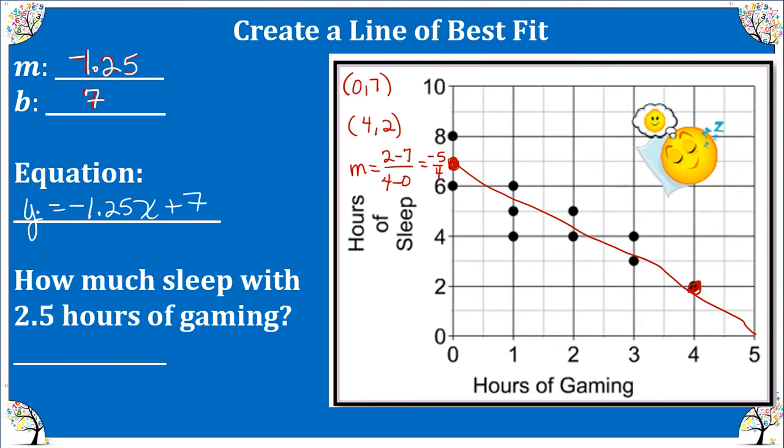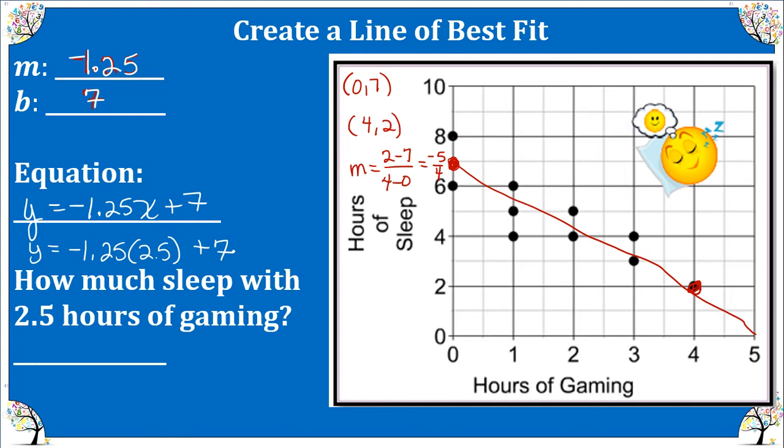So y is total hours of sleep. x is hours of gaming. So how much sleep, with 2.5 hours of gaming, will we get? So y equals negative 1.25 times 2.5 hours of gaming plus 7, our starting point.